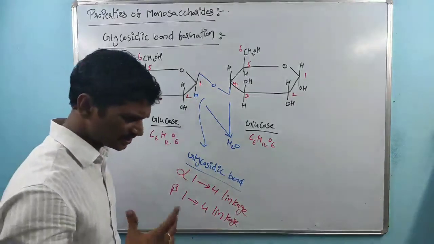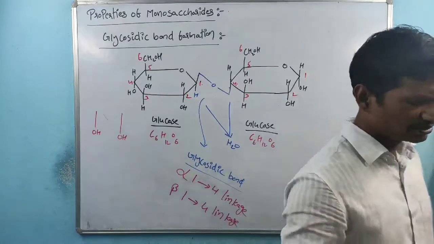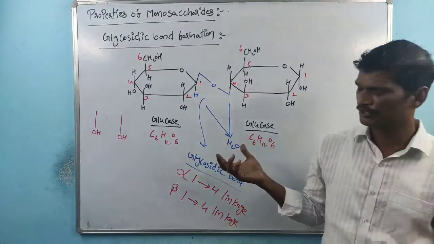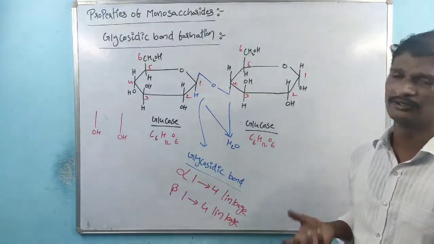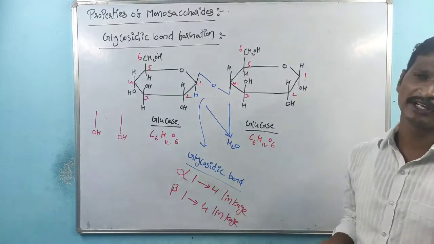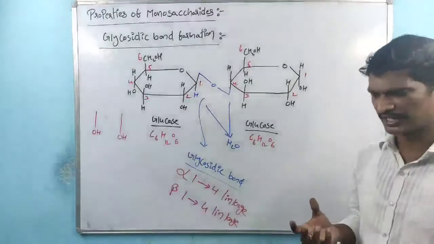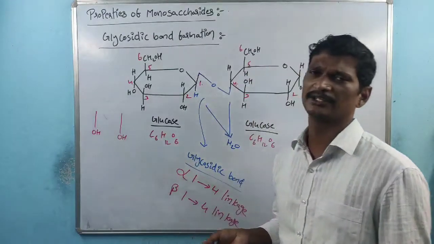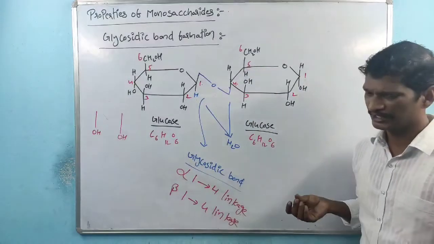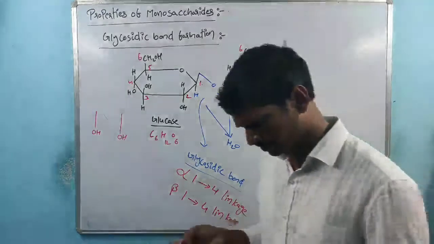So alpha 1,4 linkage formation and beta 1,4 linkage formation will occur within carbohydrates, especially oligosaccharides or polysaccharides. So this is about glycosidic bond formation.